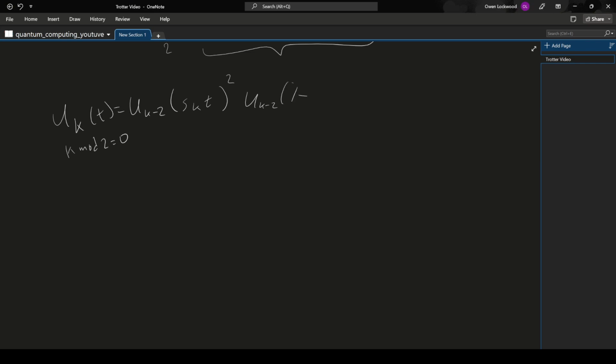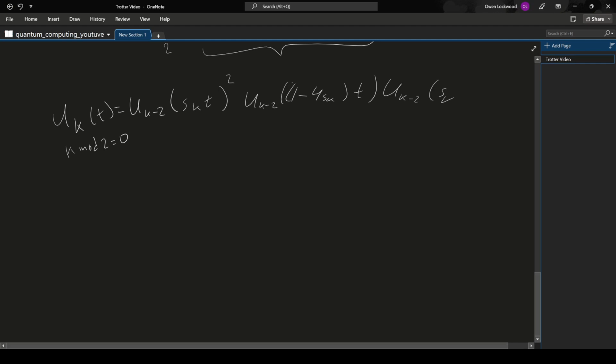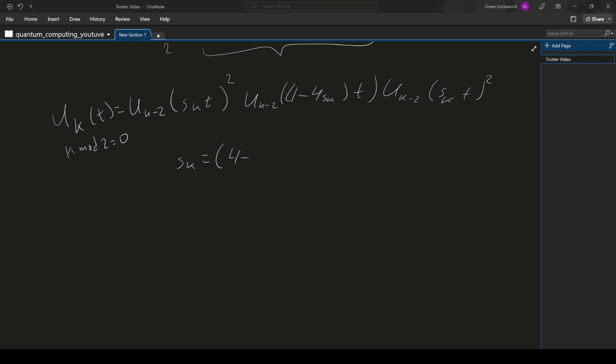1 minus 4 s_k, and I'll talk about what s_k is here, t, and then we have this repeated U to the k minus 2 s_k t squared. So this s_k is just a term defined as 4 minus 4 to the 1 over k minus 1, inverted. And this just comes from the paper.